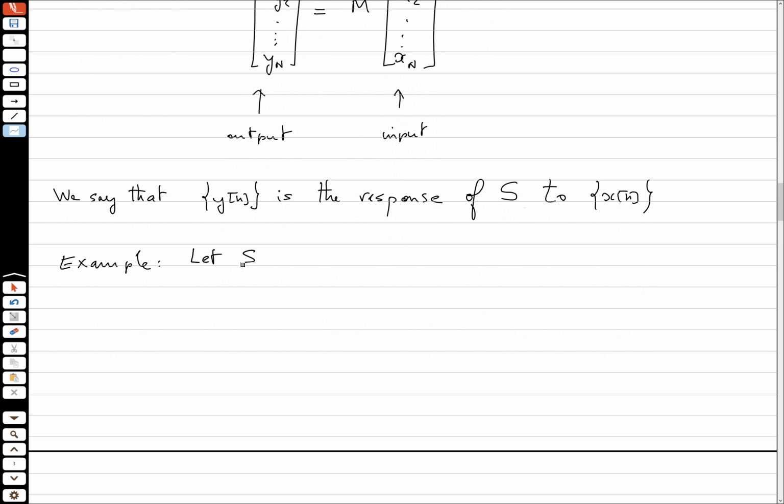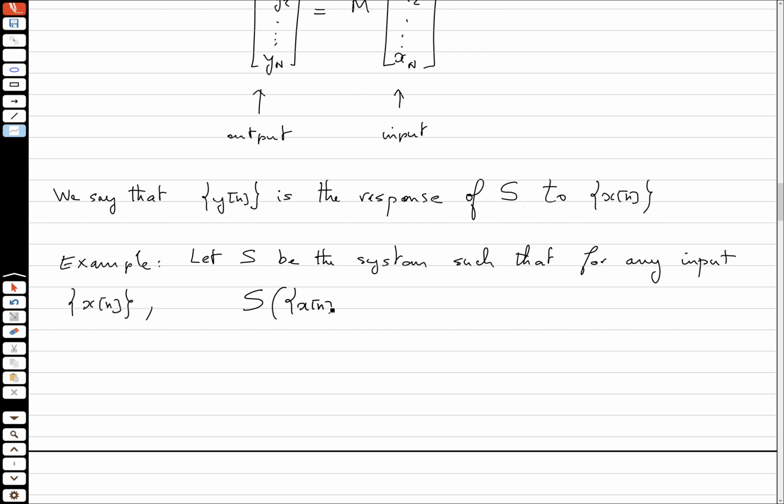Let S be the system such that for any input x of n, S of x of n, so the output, S of x of n is the output, equals x of n squared minus 1.